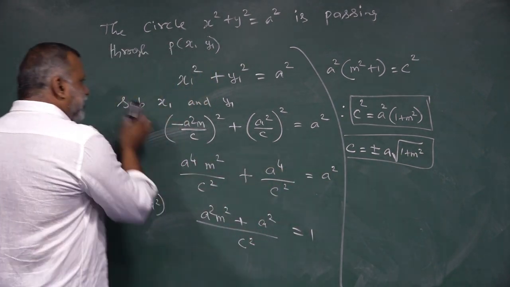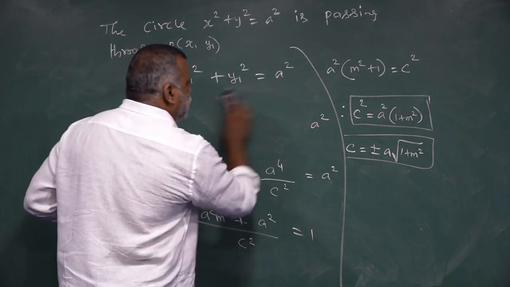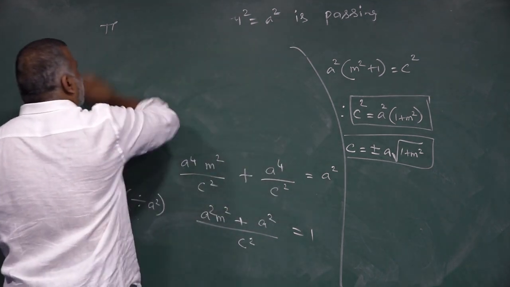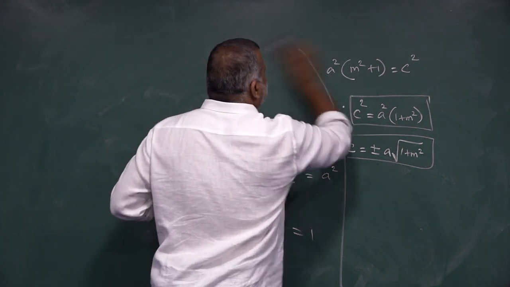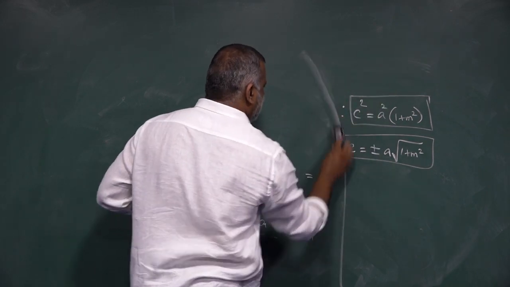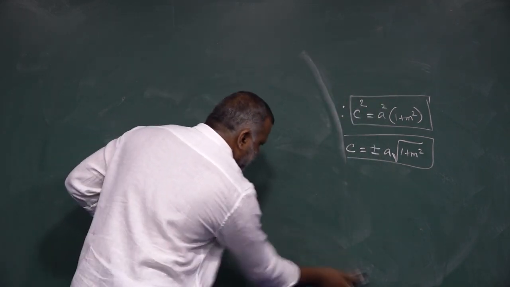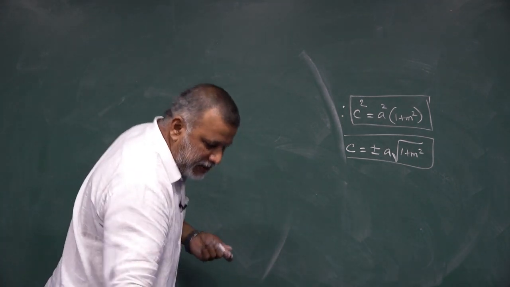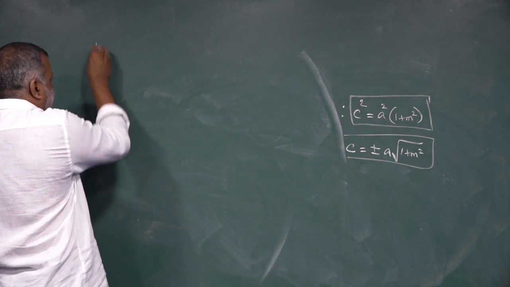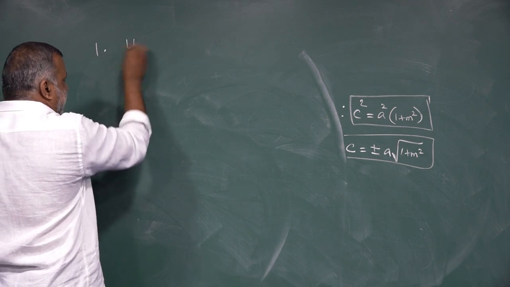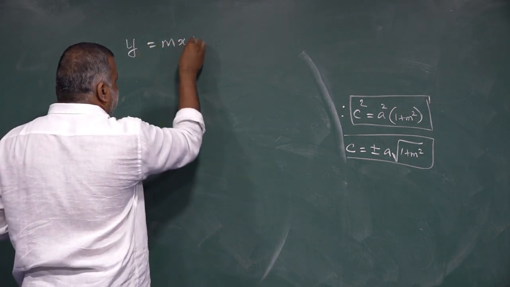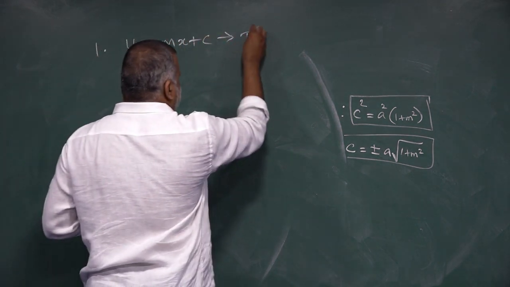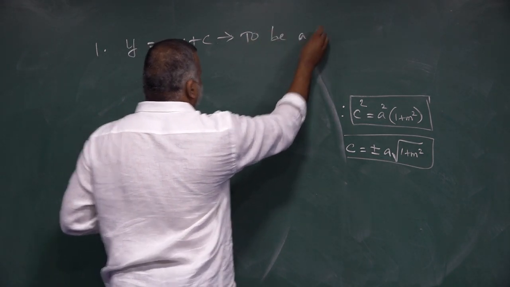From this condition, we are able to work out two sub-results. What are the two sub-results here? See here. The first sub-result is: consider this line y equal to mx plus c to be a tangent.